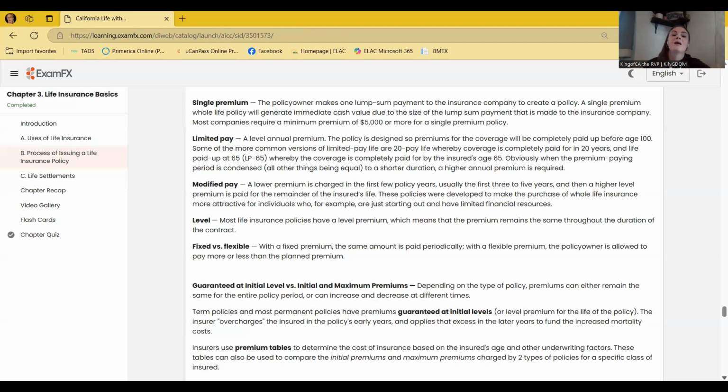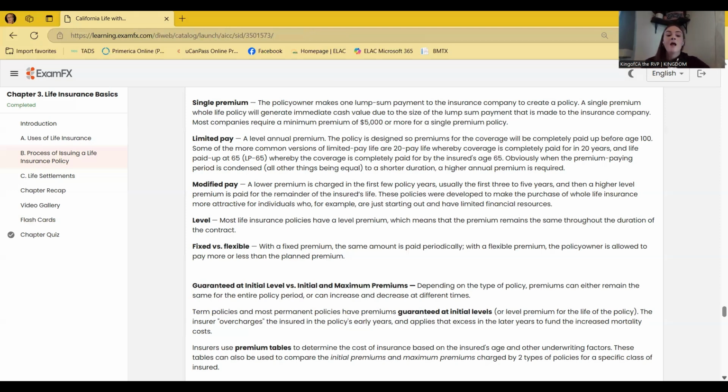Like I said, limited pay premiums are designed so that you pay a level premium every month, and at some point, right, your premiums will stop, okay? Usually before age 100, because when people get older, they don't want to have to worry about paying this premium for their whole life, okay? But we will talk about more of that later. Limited pay means we only pay for a limited amount of time.